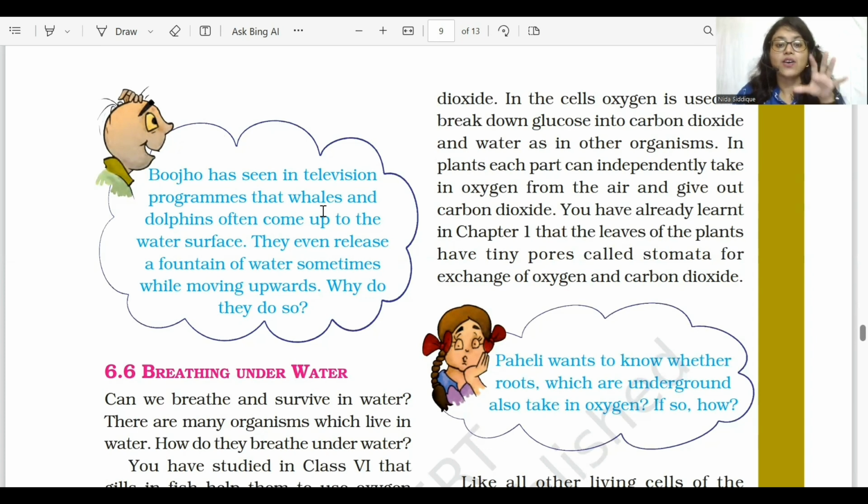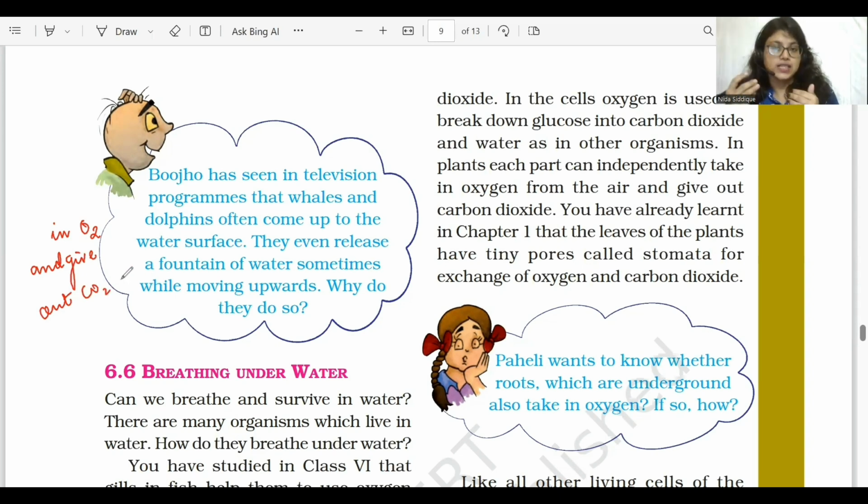Organisms like whales and dolphins come up to the surface of the water to take in air, to take in oxygen, and they give out carbon dioxide at the surface of the water. This exchange of gases occurs through a special hole in the body called a blowhole.